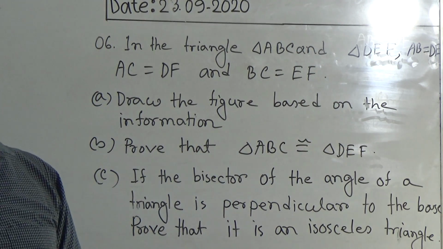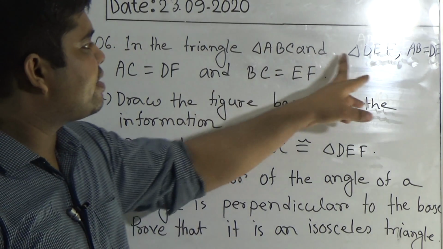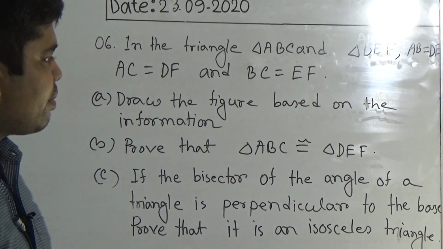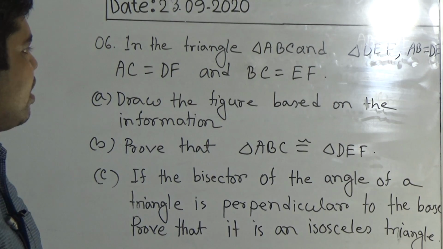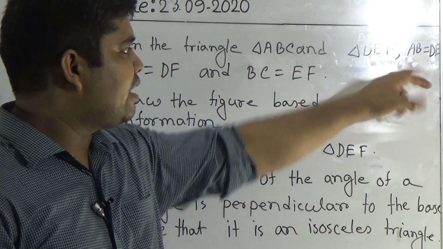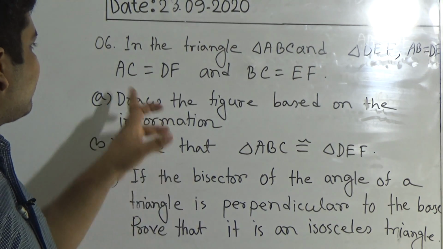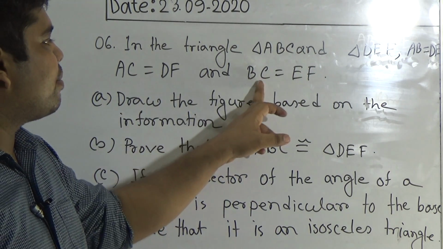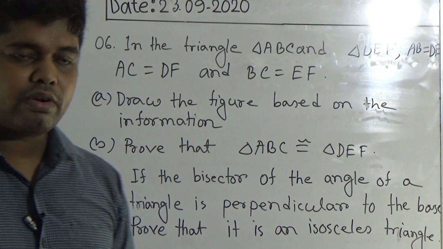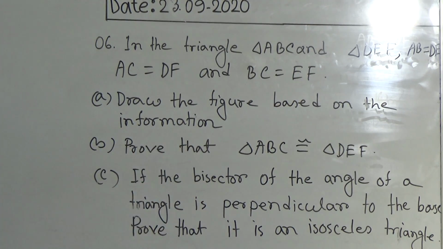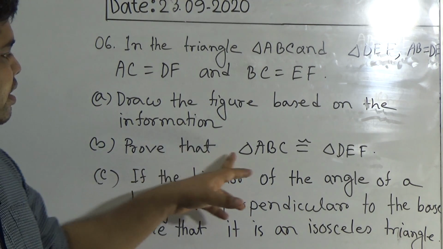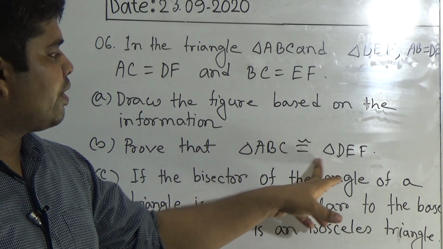That means, my dear students, here two triangles ABC and DEF are given. Some conditions are also given. ABC's side AB and DEF's side DE are equal. On the other hand, AC equal to DF and BC equal to EF. By using this information, we draw the figure. Question B, prove that triangle ABC is congruent to triangle DEF.